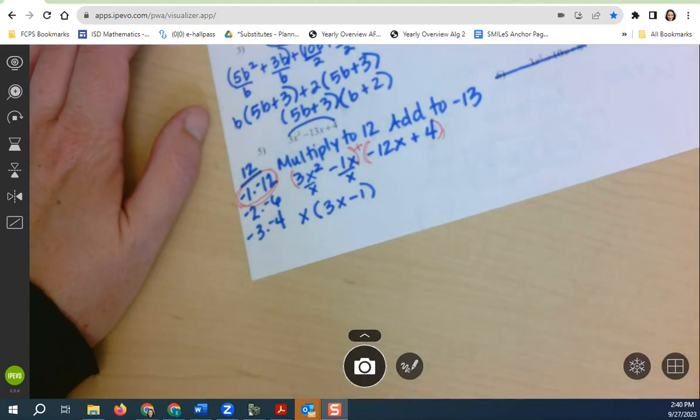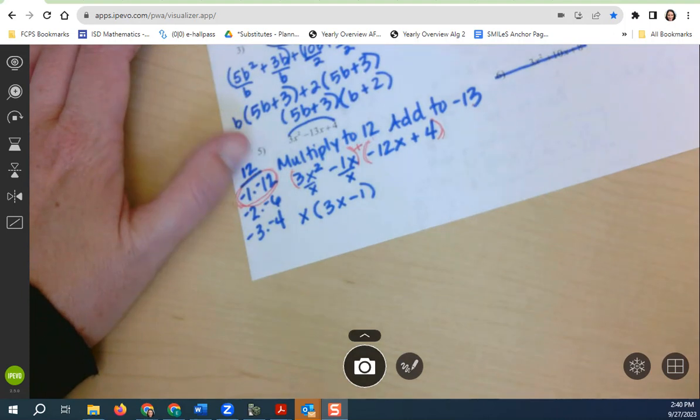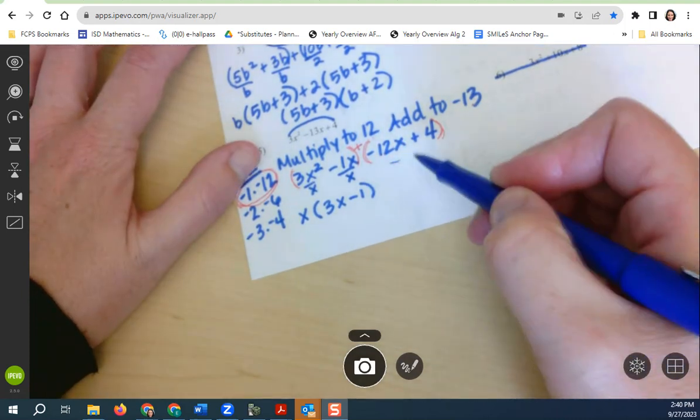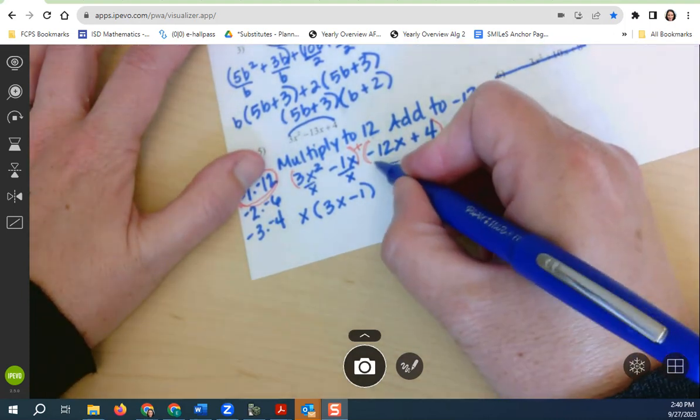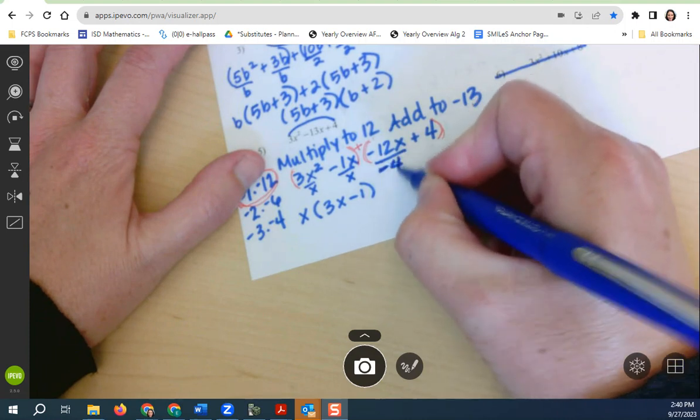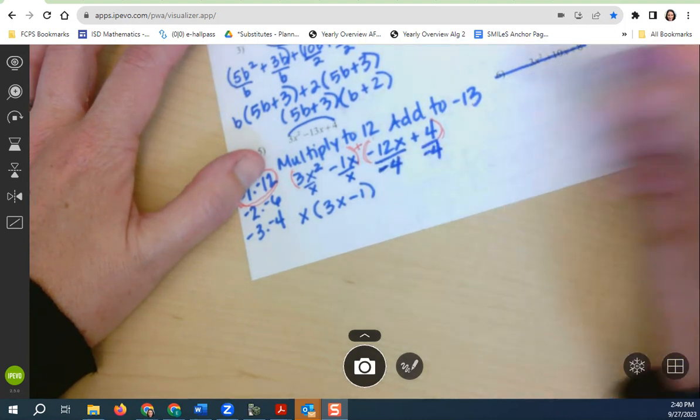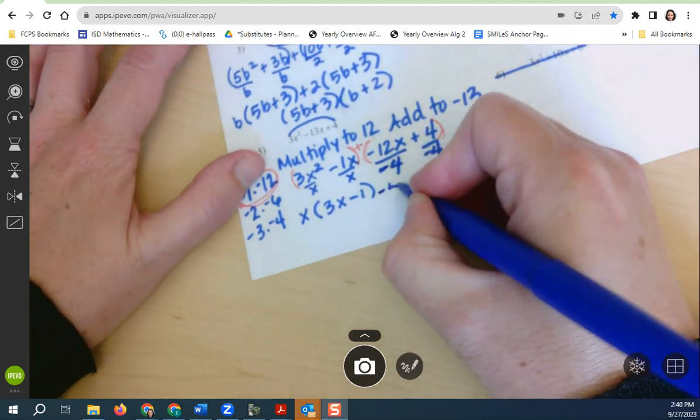All right, the next 2, what could I divide negative 12 and 4 by? I could divide by 2 and I could divide by 4. Which one's a greater common factor? 4. And when your first term is negative, you're going to want to divide it by a negative number. So I'm going to divide by negative 4. So the negative 4 will go on the outside.